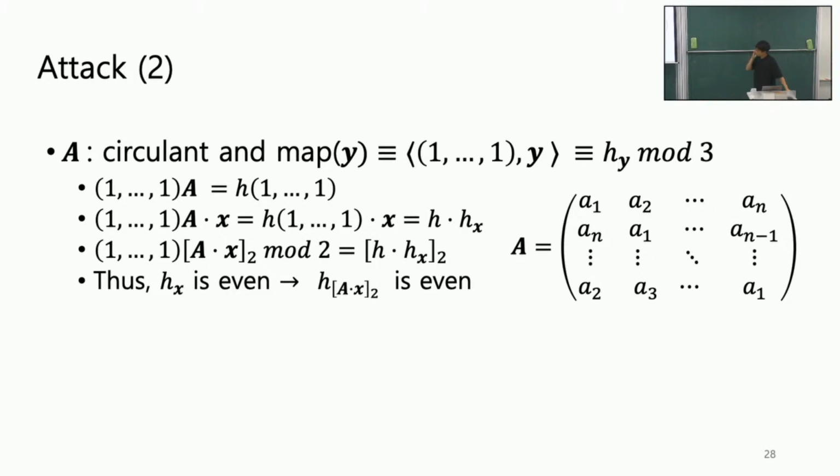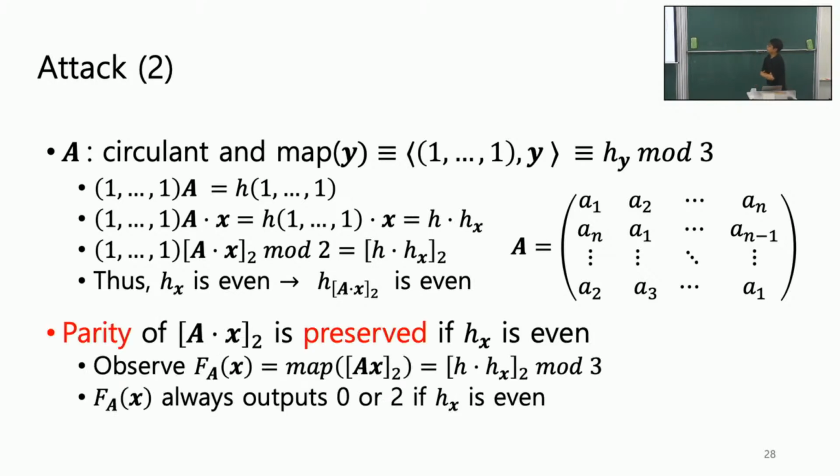Moreover, if the Hamming weight of x, which means the number of non-zero entries in a vector x, is even, then we can also observe that the Hamming weight of AX mod 2 is also even.